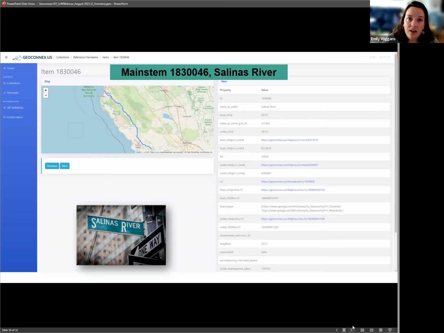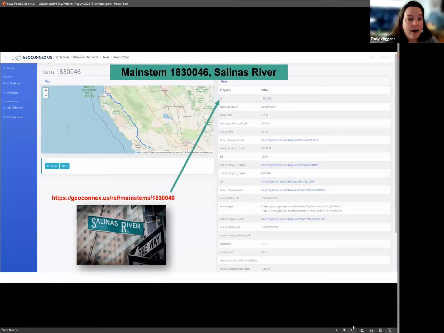And you can kind of think of this page as a street, back to our addressing system metaphor, where you're interested in finding out where a certain street is, you're interested in finding out where a certain river is. So let's say this is the Salinas River. The link in our Geoconnex system that corresponds with this as a web resource is here in red.